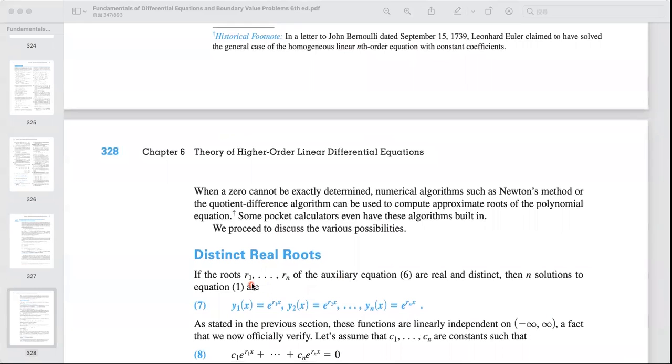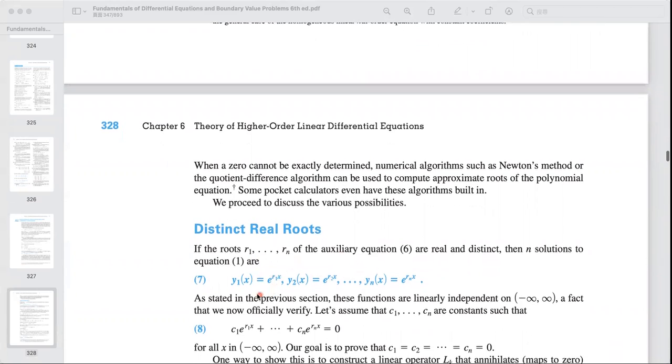For example, we have r1, r2, ..., rn as the roots of equation number 6, our auxiliary equation. They are all real and they are all distinct, meaning they are all different from each other. Then the n solutions to equation number 1 are y1(x) equal to e^(r1 x), y2(x) equal to e^(r2 x), ..., yn(x) equal to e^(rn x).